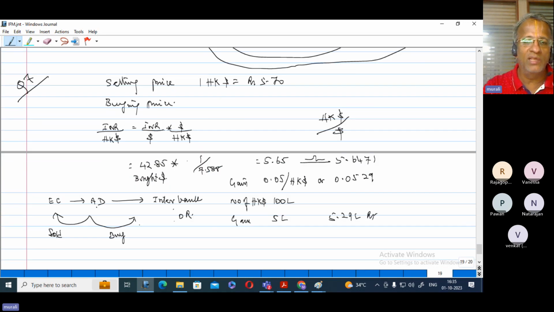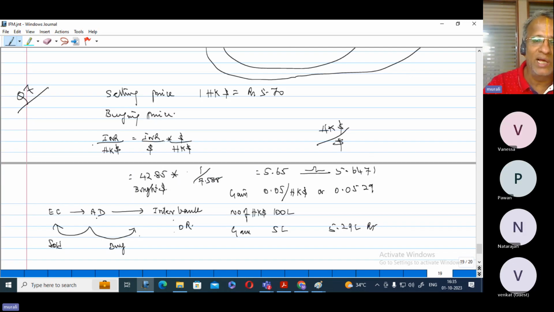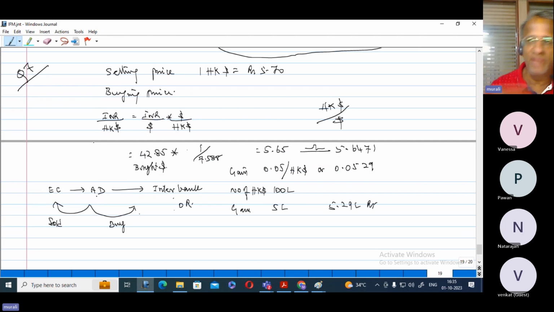See, there is nothing to worry about to say that it requires many steps for practice. Let me tell you, I have conveyed to you that our scenario is that we are a banker. We have sold it to our customer at 5.70. So we have to do this exercise from the interbank market.